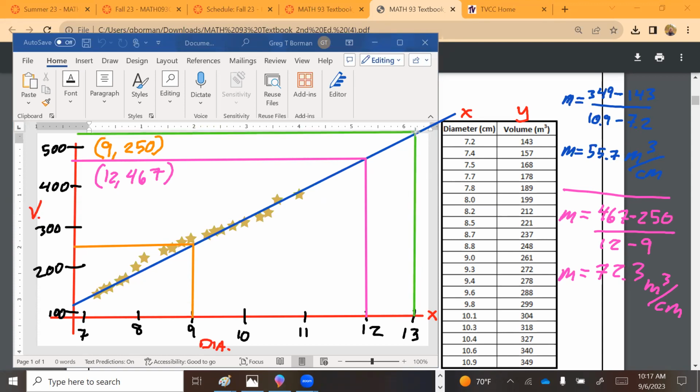What is my volume? Well, that goes off a little bit there, so I'm going to need to extend this a little. If this is 500 right here, then this is probably about 533, about a third of the way up to 600.